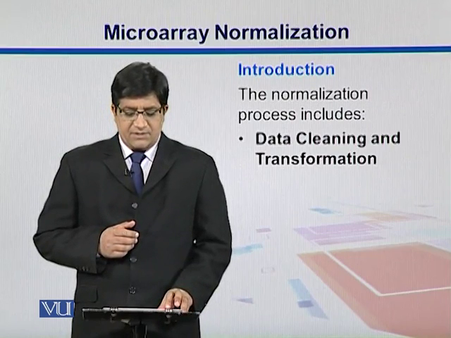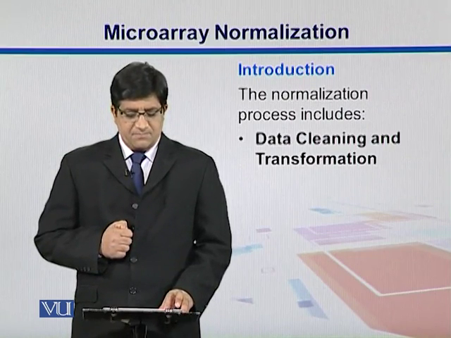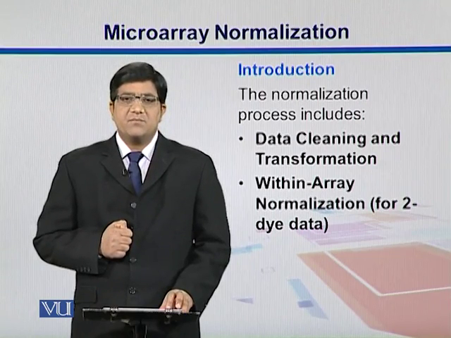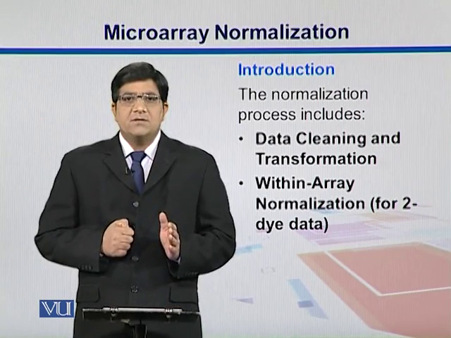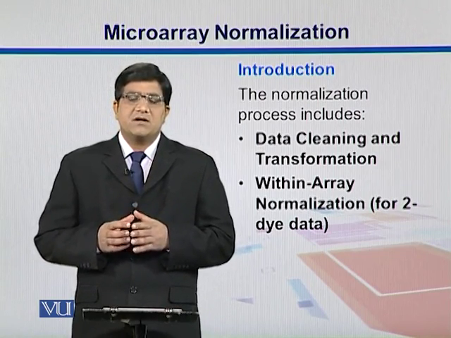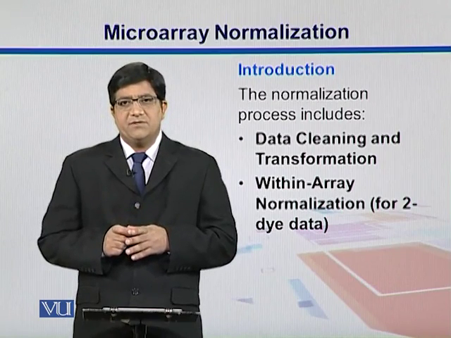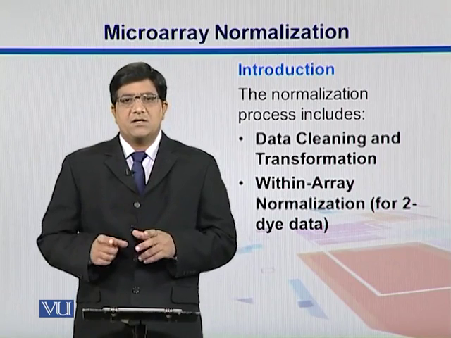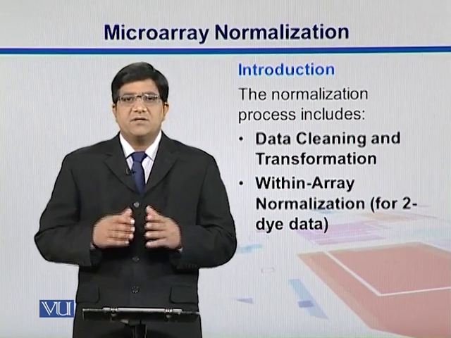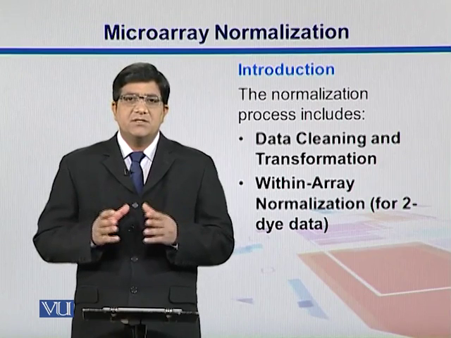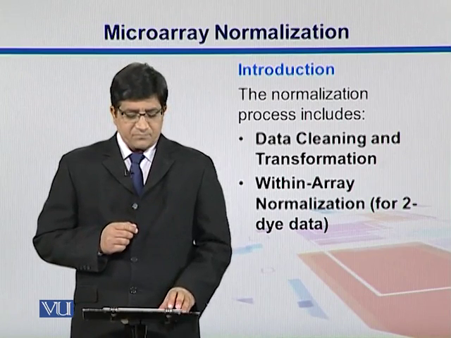So it includes data cleaning and transformation. Then we have within array normalization. For example, if you have 2-dye data, maybe within the same experiment, there might be some features, or now onwards we start using the word feature to represent those locations or spots on the array where we have our hybridization reactions or where we are observing some colored signals.